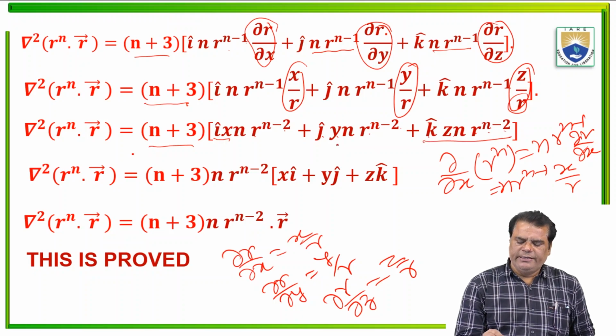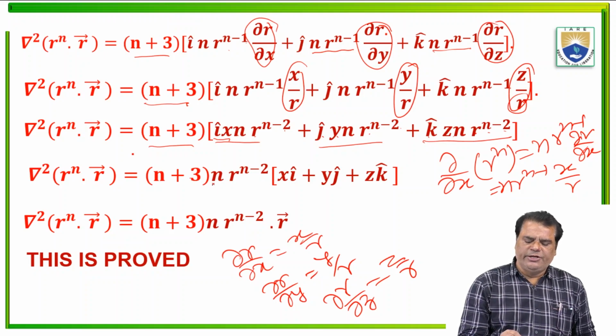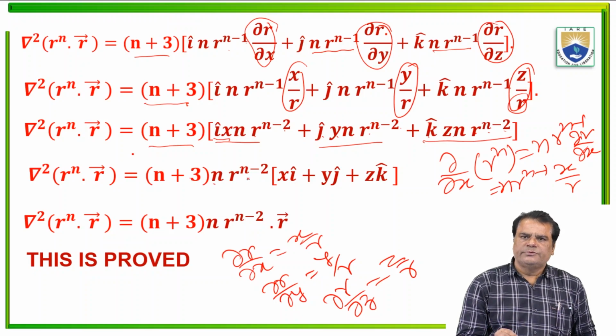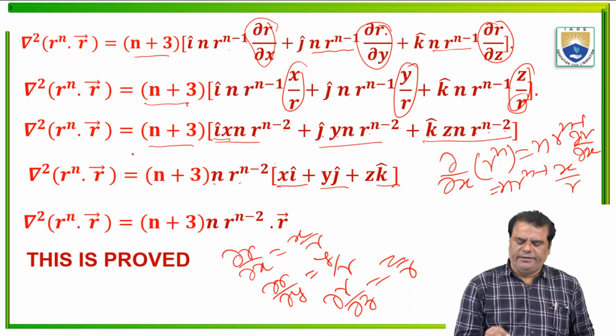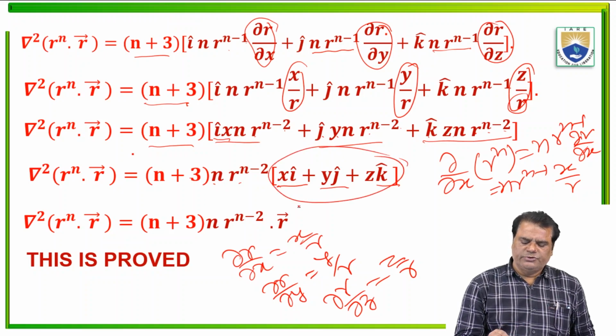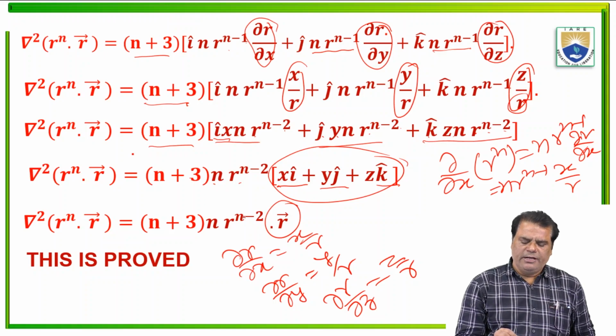Here we see that in each term n is common. So (n plus 3) into n, r to the power n minus 2, and the remaining terms are xi plus yj plus zk. This is vector r. So we get here n into (n plus 3) r to the power n minus 2 into r.